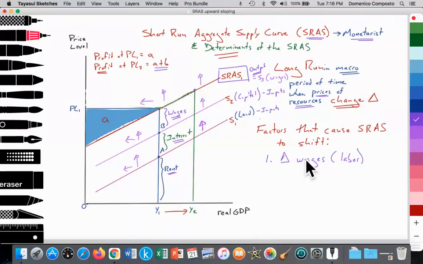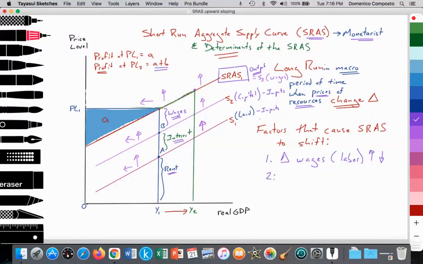If there's a change in wage, typically upwards, you probably won't see wages falling, hopefully, in an economy, but it could happen. If there's a change in wages, then that will impact the SRAS curve. It will shift upward or downward with the change in the wage.